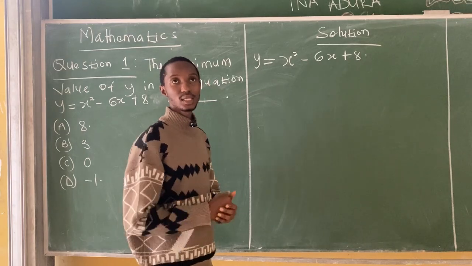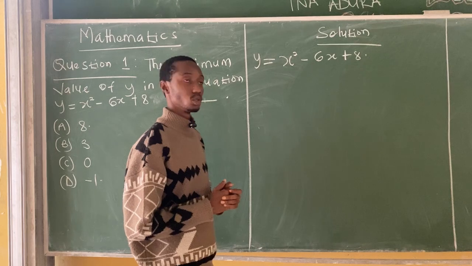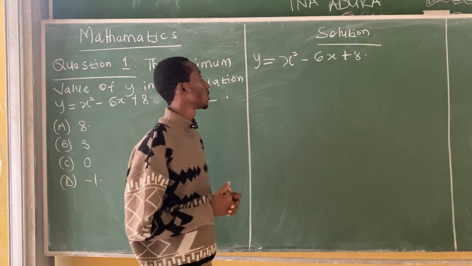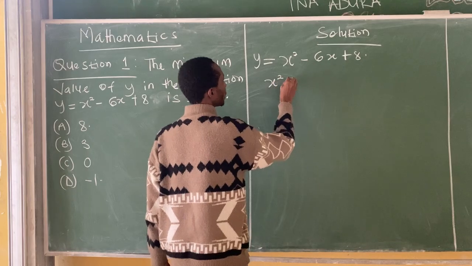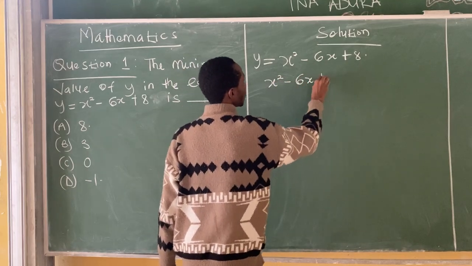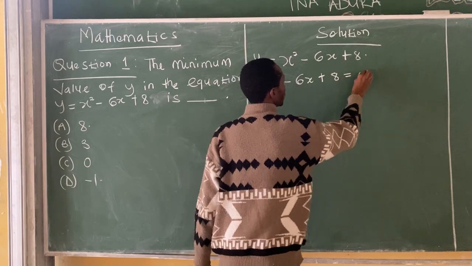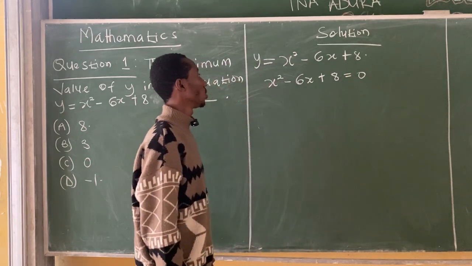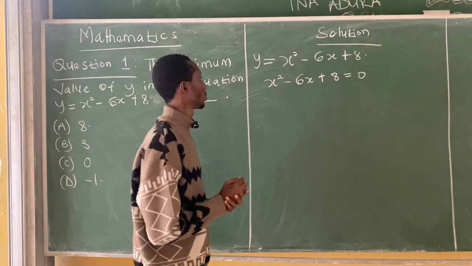Don't forget, a quadratic equation is an equation in which the highest power of the unknown is 2. From this we have x squared minus 6x plus 8 is equal to 0. We're going to solve this equation using factorization method.